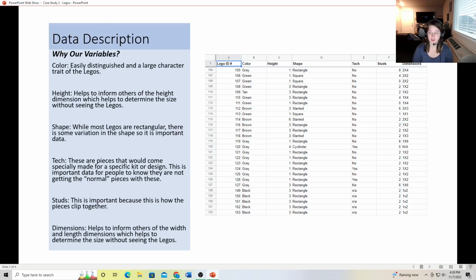Some defining traits that we thought were going to really help us in describing these Legos to somebody who couldn't physically see them were the color, the height, the shape, whether they were a special technology type piece, a tech piece that came in certain kits, how many studs or connectors it had, and then the dimensions, which would be width and length. So you get a good view of the size, the color, and the shape, and how they relate to the other pieces.